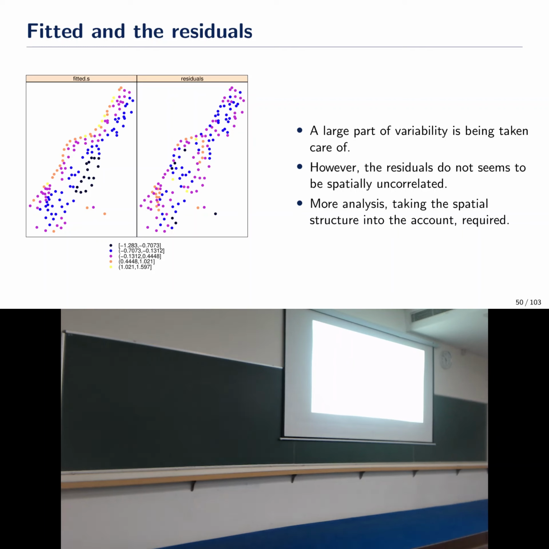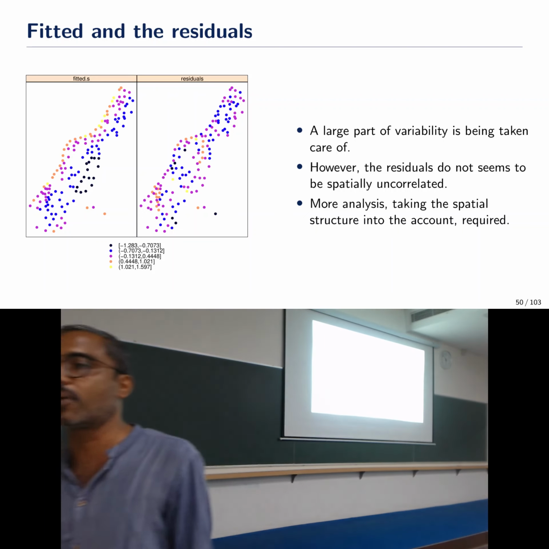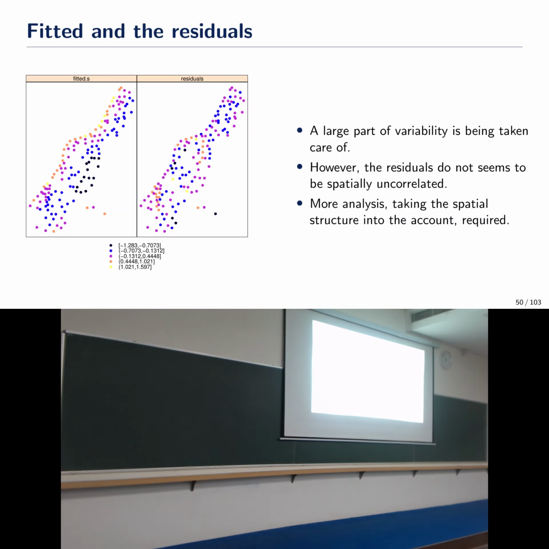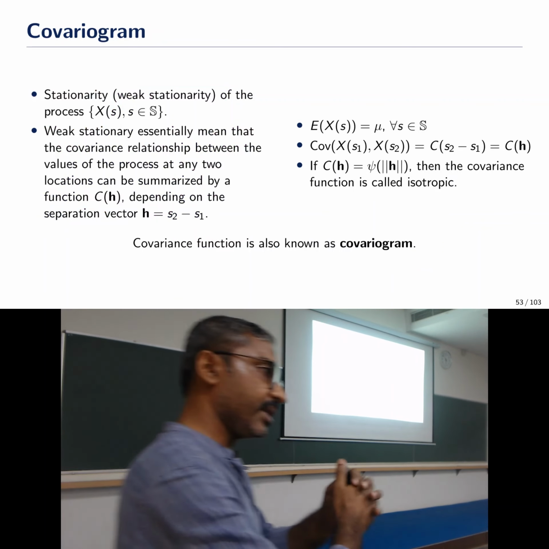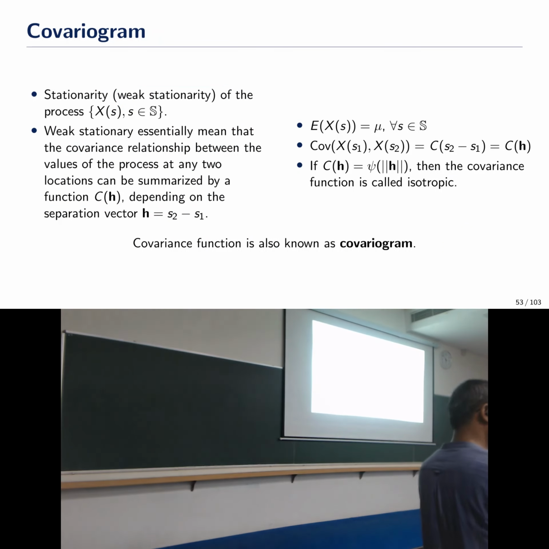Now to do that, just hold on for a second here. We'll come back to this data set again. We need some part from stationarity. We understand that there is a correlation, and the correlation has to be taken care of, as Sam was mentioning. But I cannot leave the correlation completely arbitrary, because it can vary in many different ways.